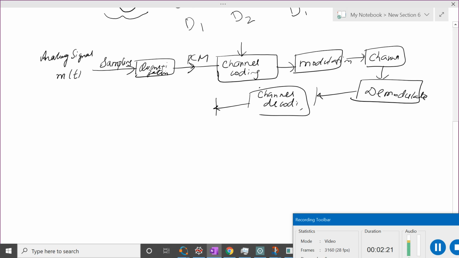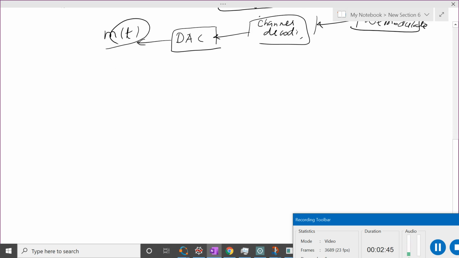After channel decoding, you will use the digital to analog converter if you want to convert it back into the message. So this is the overall picture. We started with sampling, and we are now here: channel coding, modulation we have done.